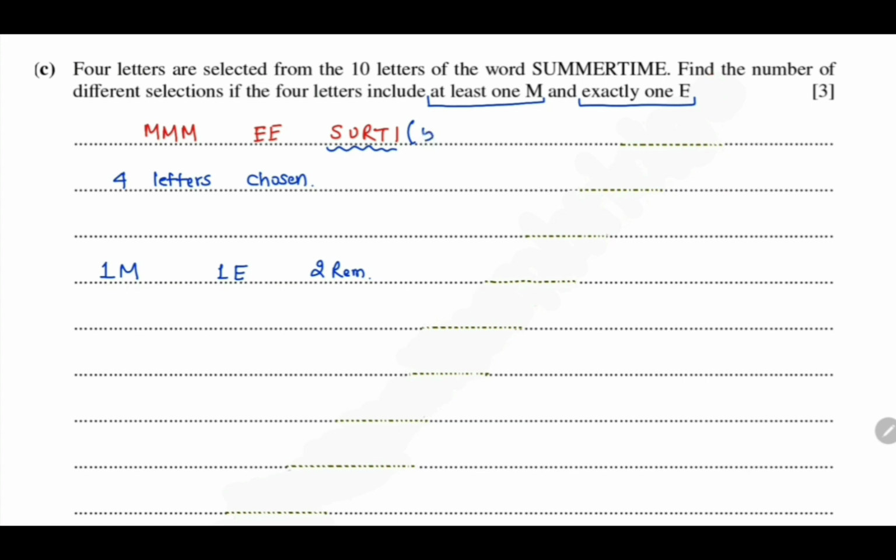So 5 letters are remaining. I am considering them as remaining. So 2 remaining letters, total becomes 4. Now 2M and 1E, because there is exactly 1E always. So 2 plus 1 is 3, and 1 remaining, and 3M again 1E, so 0 remaining.